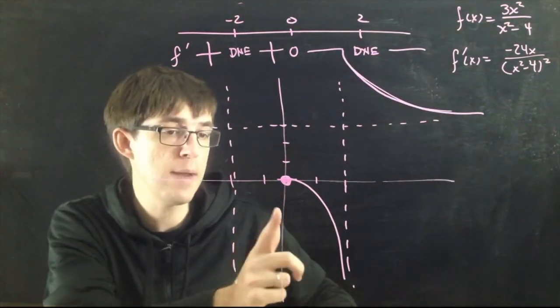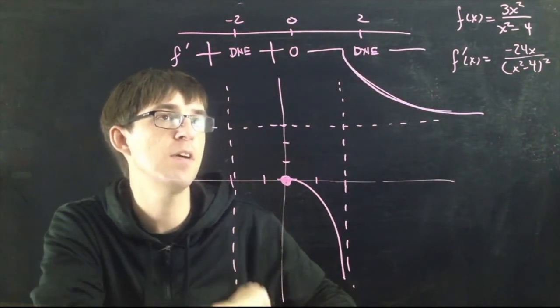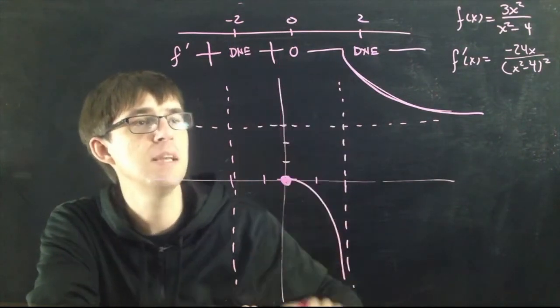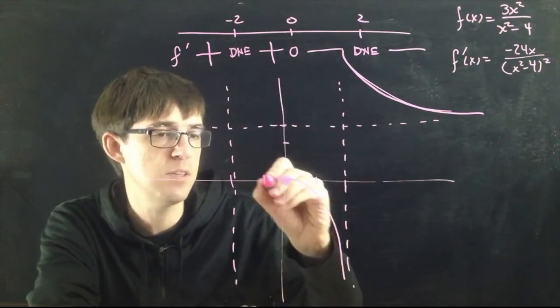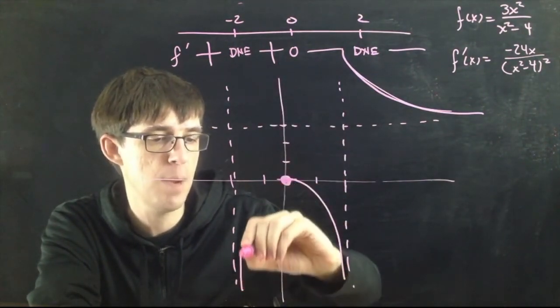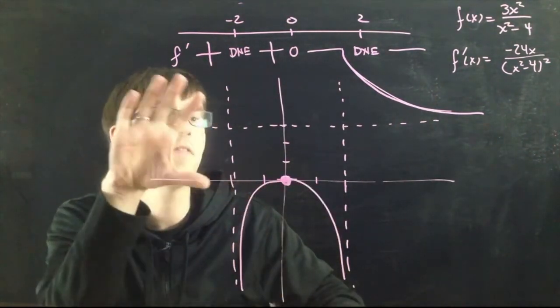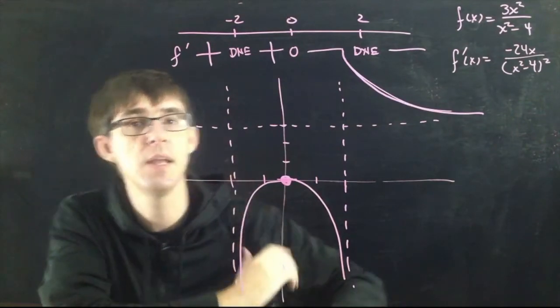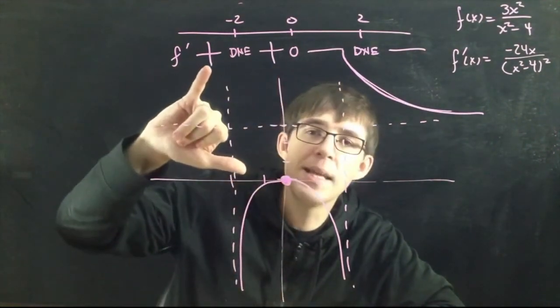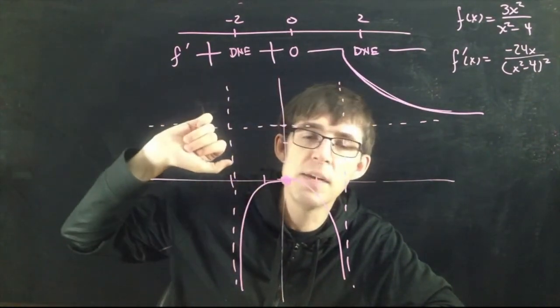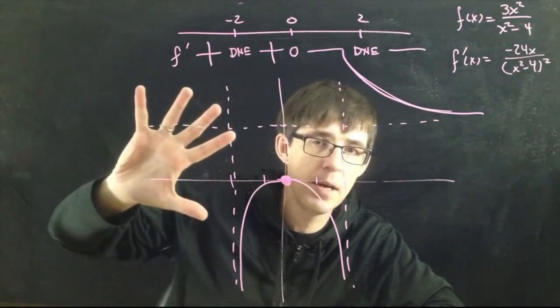How about right here in this region to the left of the point? The function is increasing, and then it must enter this point horizontally. It means it's coming up, and then it finally arrives at that point. So it's got to look like that. And then finally, over here to the left of the leftmost asymptote, the function is increasing. That means it is going up in this area.